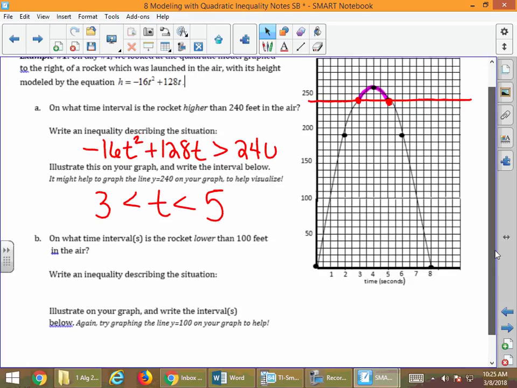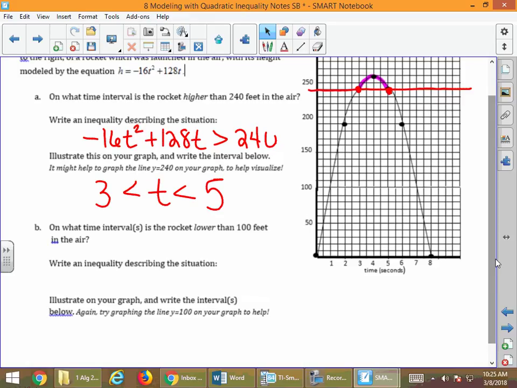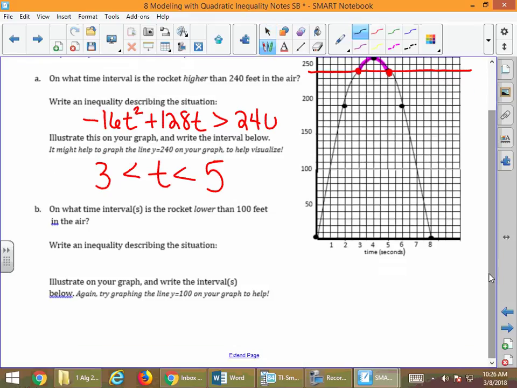We don't have to be greater than, though. Part B says, on what time intervals is the rocket lower than 100 feet? What does lower mean? It means we take negative 16t squared plus 128t and have it lower than 100.